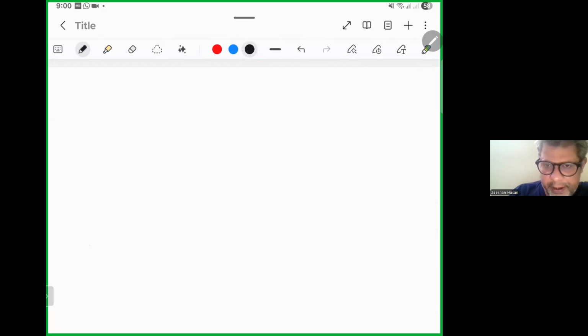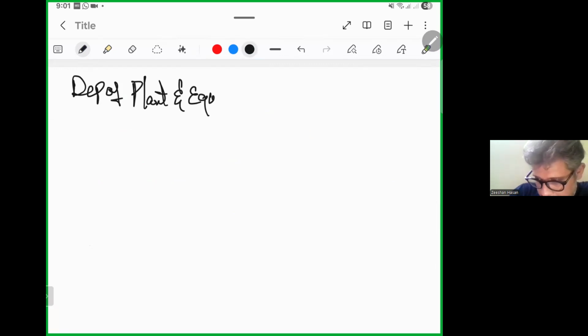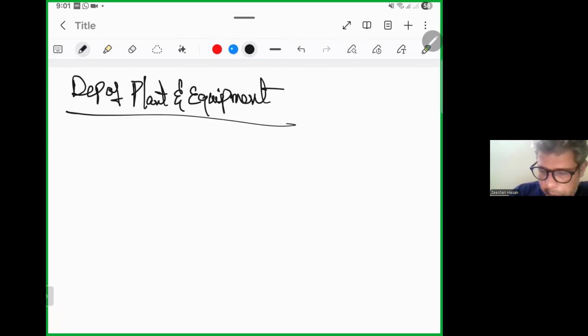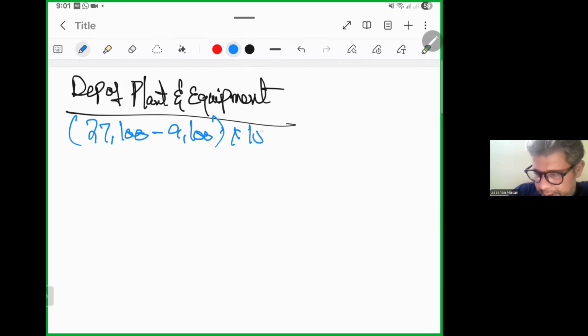Next is depreciation of plant and equipment. 27,100 less previous depreciation till now 9,100, times 15%, we will get 2,700 here.